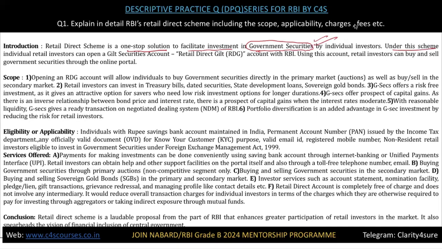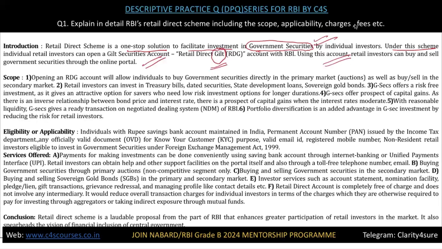Under the scheme, individual retail investors can open a gilt securities account, that is, the RDG account, Retail Direct Gilt account. When you see the word gilt, you should remember that it talks about government securities, central or state government, with an account with RBI.